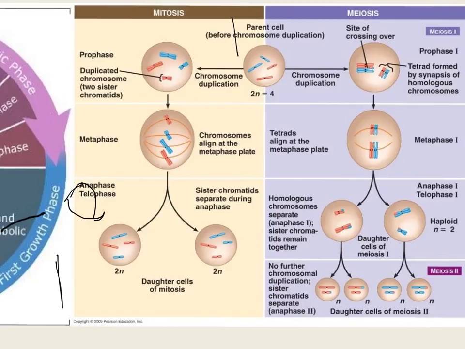So here's prophase, metaphase for mitosis. They all line up along the middle. And then finally anaphase and telophase, in which they pull apart and you have two daughter cells.